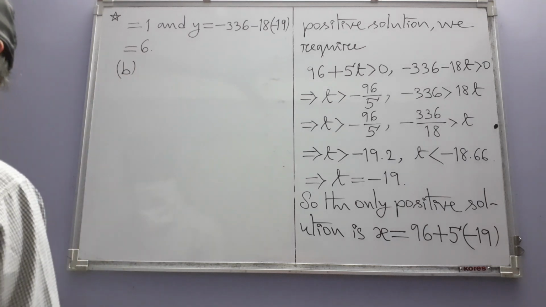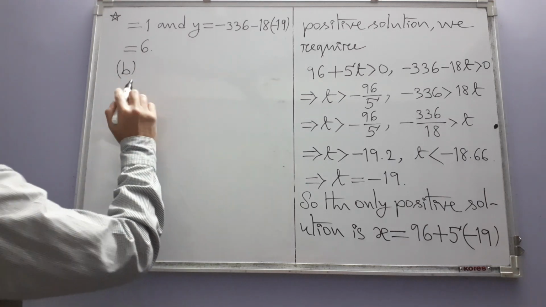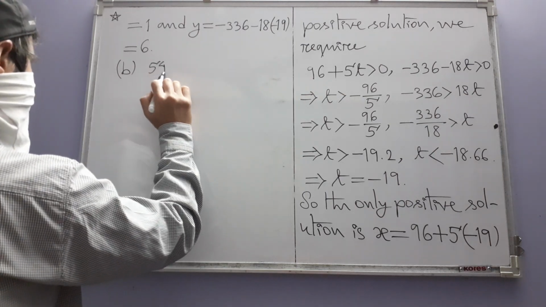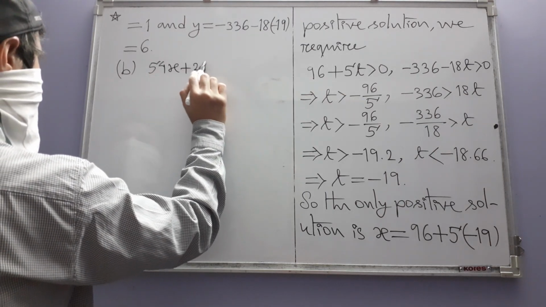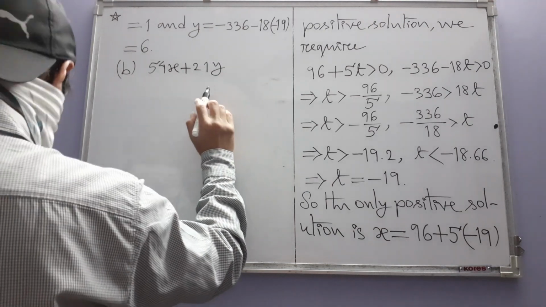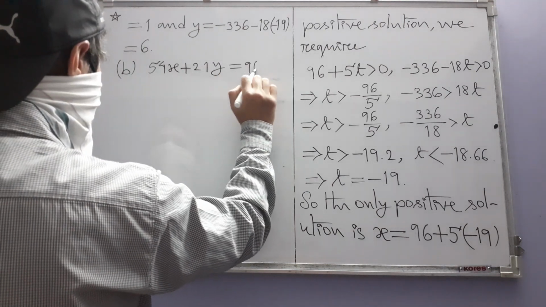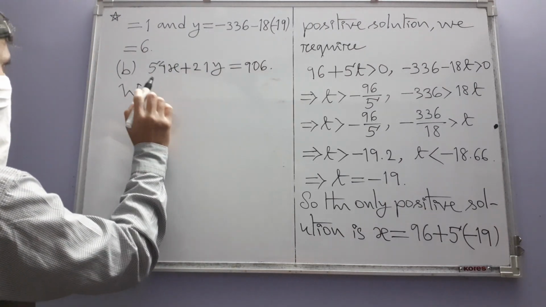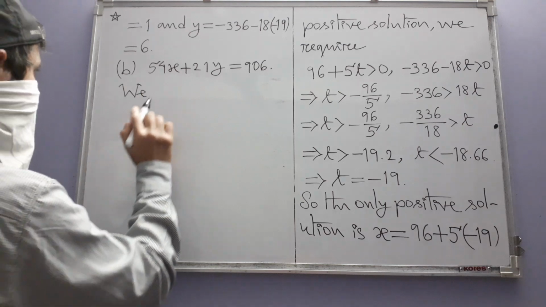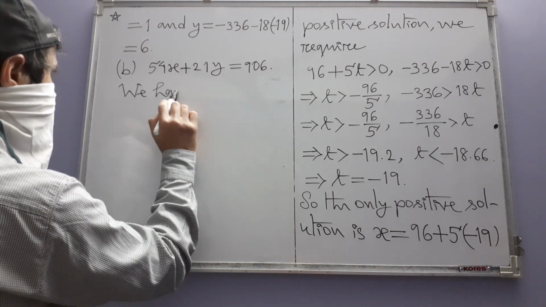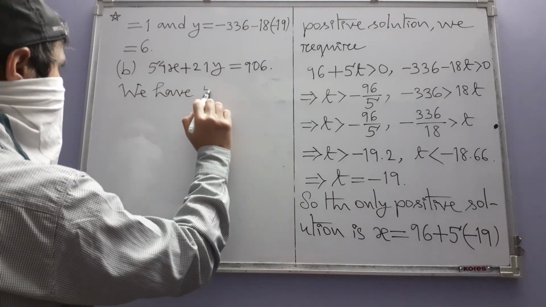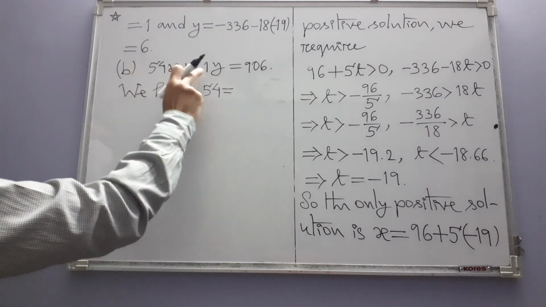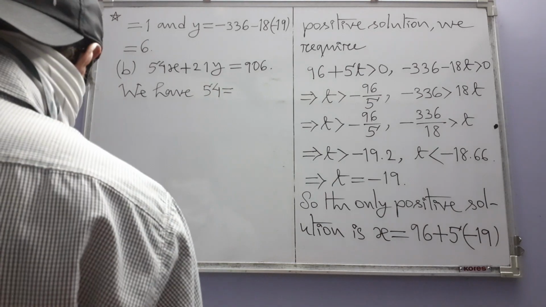Now part B. In part B, let me just simply write the equation first so that we can see what we are doing. In the actual solution, this need not be written, of course. So here we are first of all dividing 54. So again we have to calculate the GCD of 54 and 21.